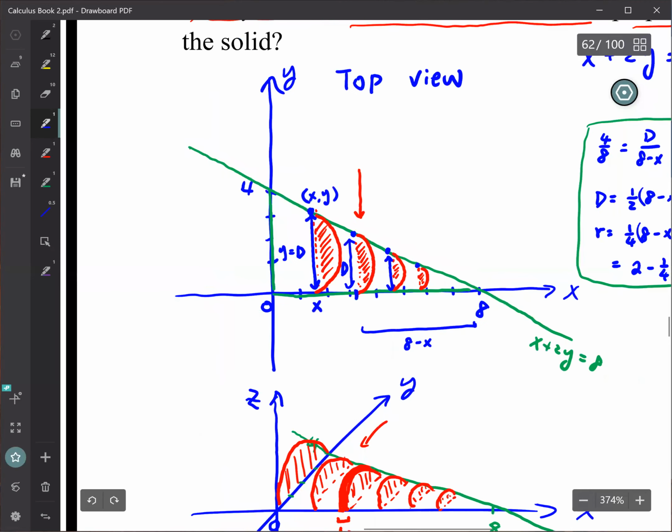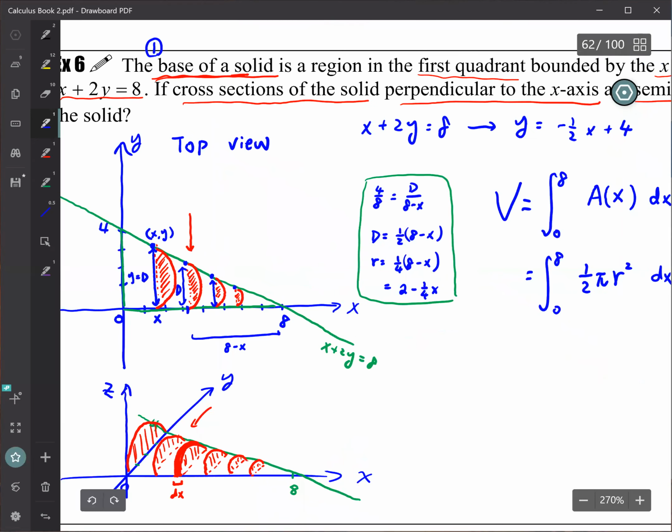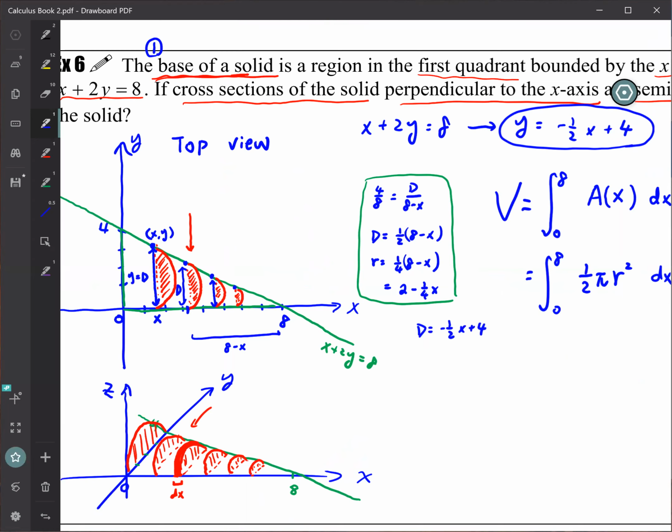So let's take a look. The y we got before was y equals half x plus 4, right? So the diameter is half x plus 4. If I cut that diameter in half, that will also give you negative 1/4x plus 2. So you see, it's the same.